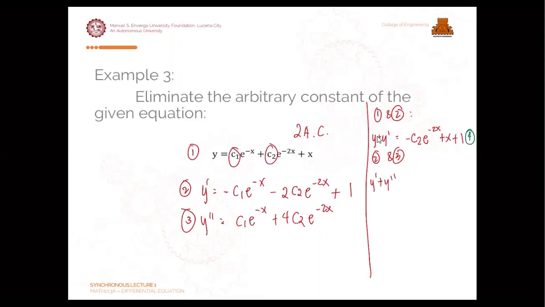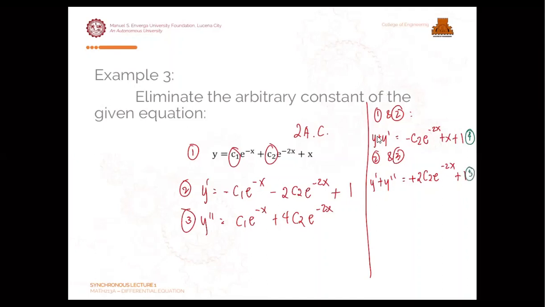Then, yung first term natin is magka-cancel out lang ulit. Then, yung second term will be negative 2 c2 e negative 2x plus pala to. Okay, so positive 2c2 e negative 2x plus 1. Okay, so ito yung equation 5 natin.